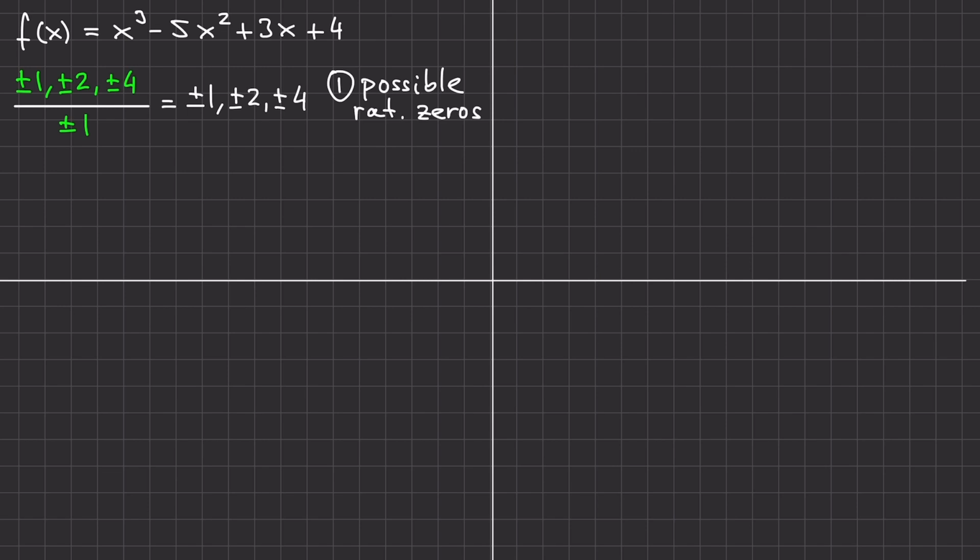However, for numbers like 4 and -4, we use synthetic division instead of substitution. After finding out that 4 is a zero of the function because f of 4 equals 0, we reduced the cubic function to a quadratic function to see if we could find more zeros.